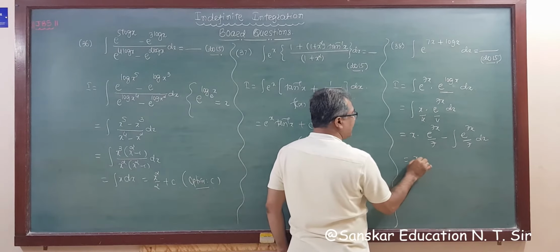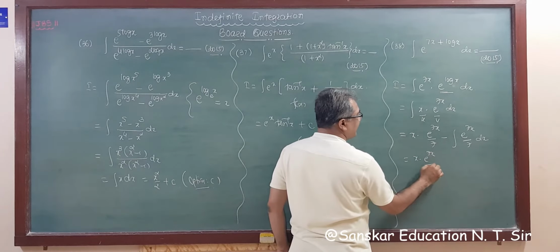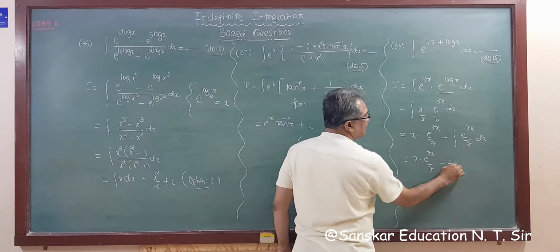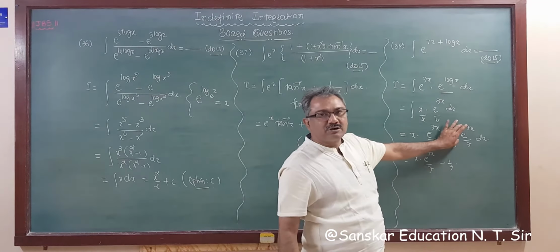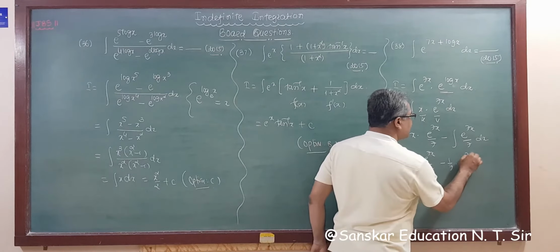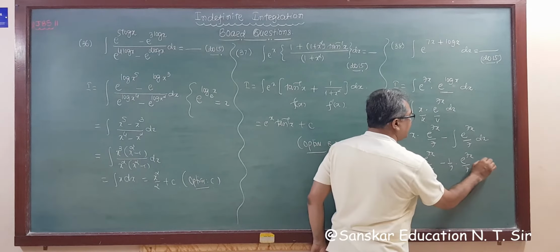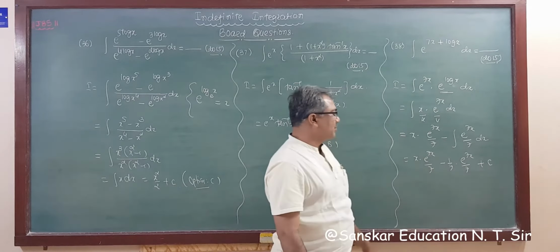So this is x e raised to 7x by 7, minus 1 upon 7 is constant, and again integration of e raised to 7x is e raised to 7x divided by 7, plus c.